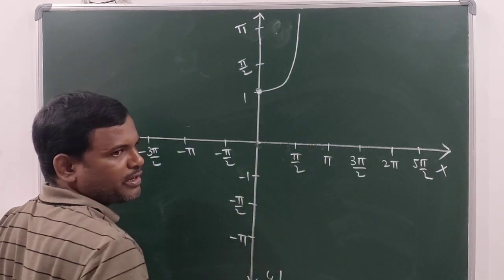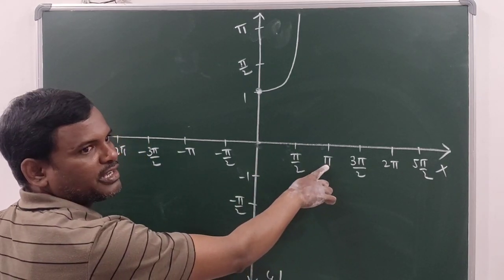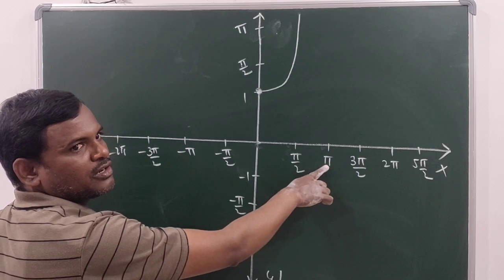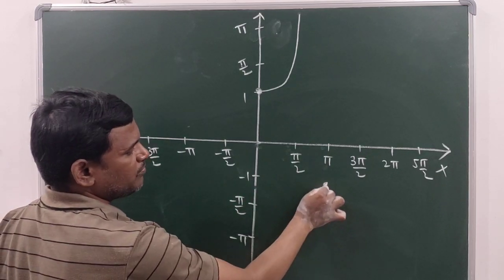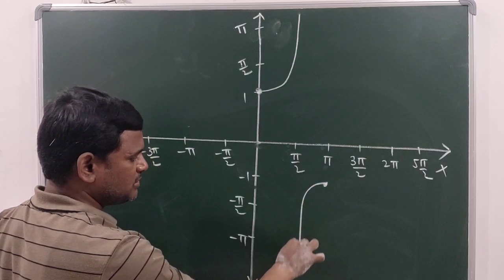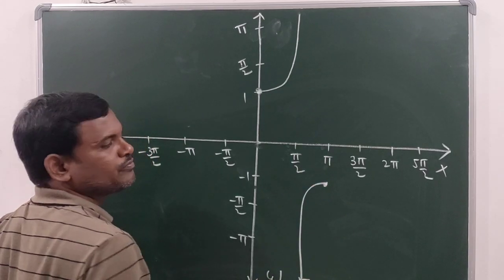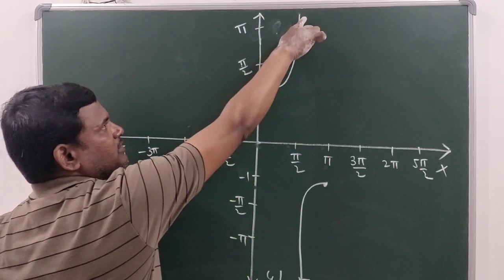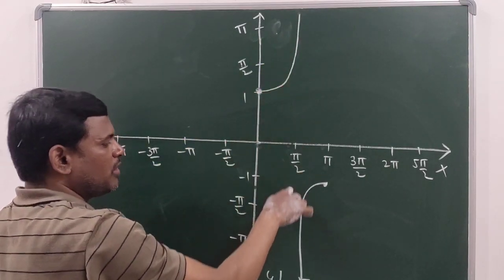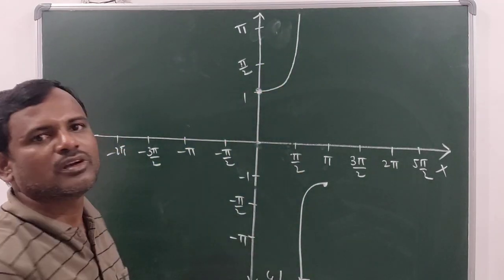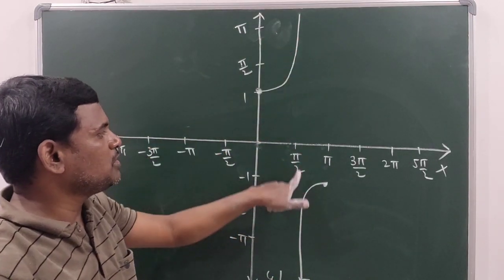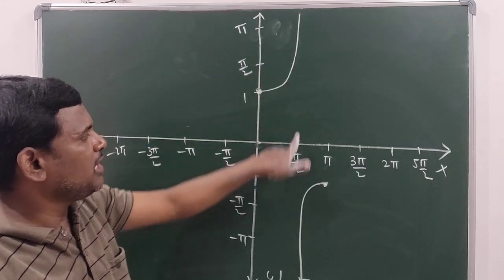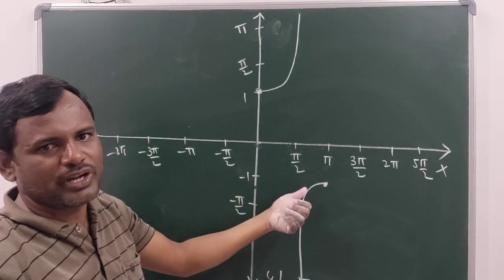And pi by 2 to pi, when you put x as pi, secant pi, the respect to range is minus 1. So you get the graph like this. It will go. But through the 90, if you draw the vertical line, that is x equal to 90, because the vertical line passing through pi by 2 is x equal to 90.